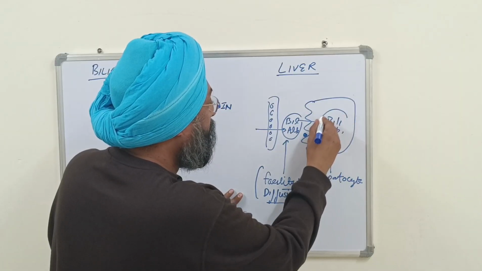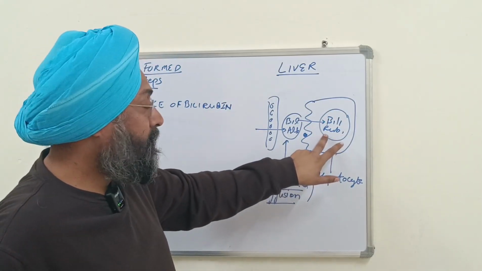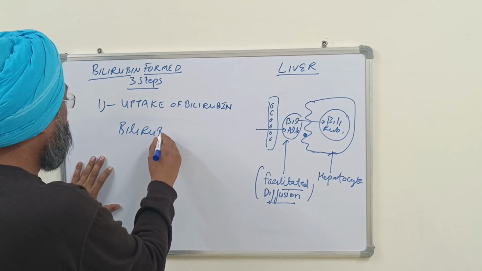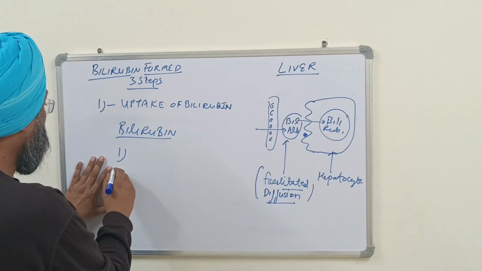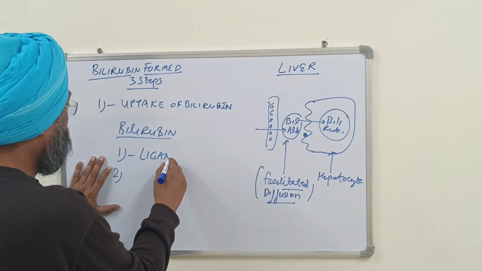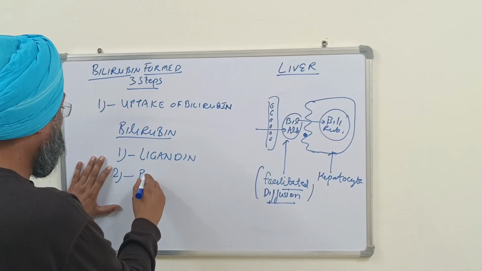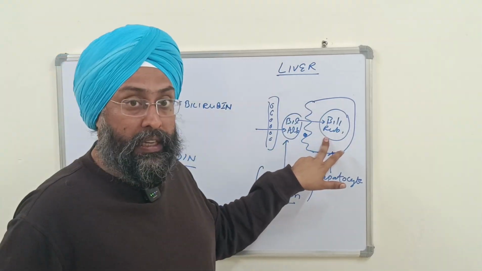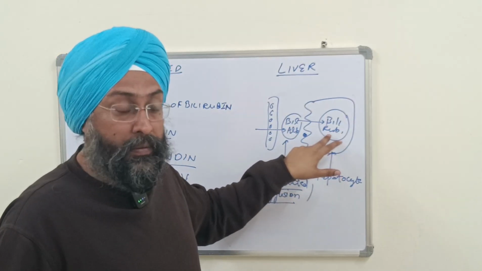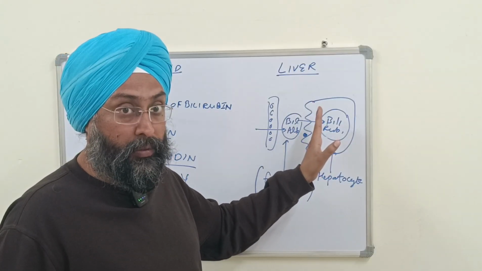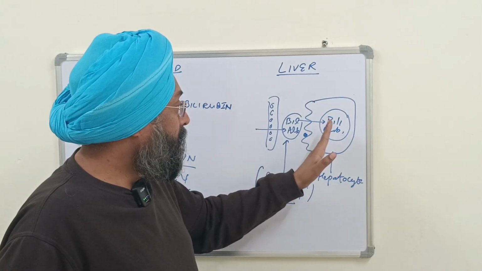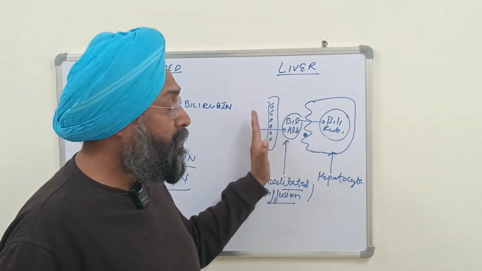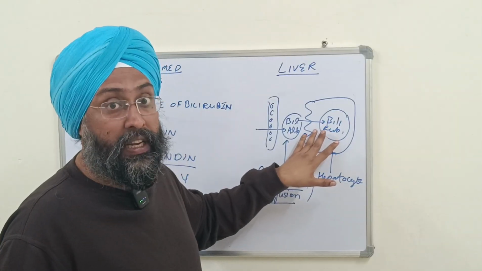Inside the hepatocyte, bilirubin is bound to two proteins, ligandin and protein Y. When bilirubin is bound to them, it is kept in solubilized form, though it is not conjugated yet. Moreover, these two proteins prevent the efflux of bilirubin back from the hepatocytes, so bilirubin will stay inside hepatocytes.